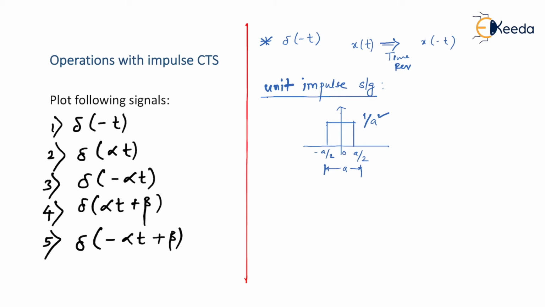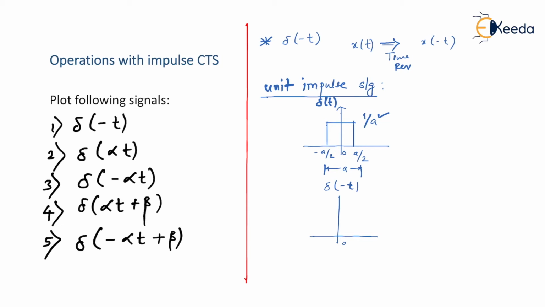So now if this is del of t, and you want to plot del of minus t, then I'm sure now you are able to do this very easily. As you can see, it is a very symmetric signal with respect to a by 2 and minus a by 2.